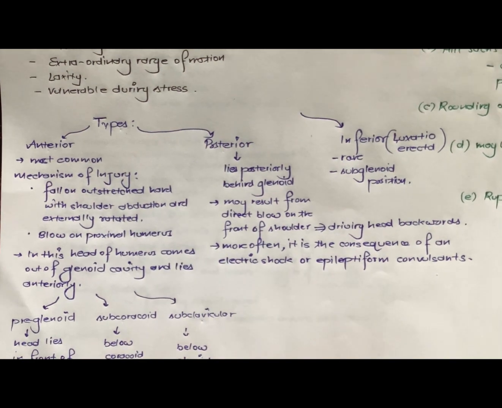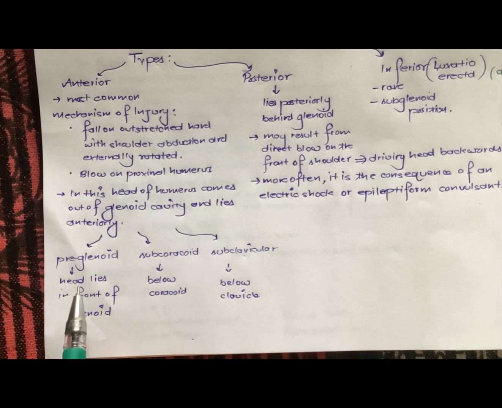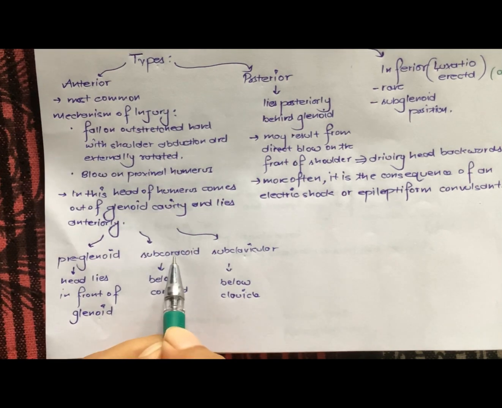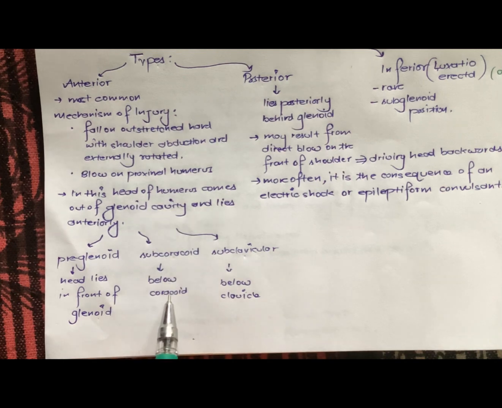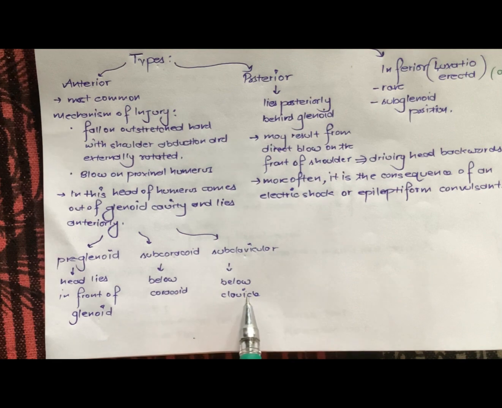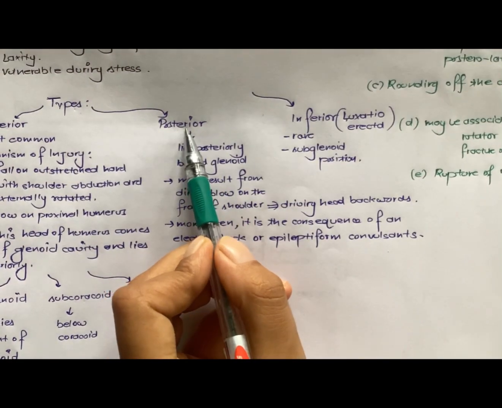As we have already discussed, preglenoid is that type where the head of the humerus lies in front of the glenoid, whereas in subcoracoid, the head of the humerus lies below the coracoid, and in subclavicular, the head of the humerus lies below the clavicle. Now moving on to the posterior dislocation of shoulder joint.